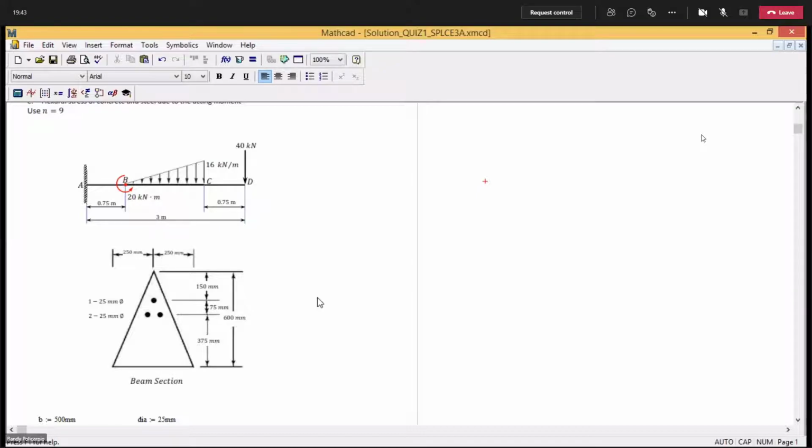Pag concave upward yun, yung section ng beam natin above the neutral axis is actually under compression, while the part of the beam that is below the neutral axis is actually under tension. So kapag concave upward yung curvature ng beam natin due to the load.